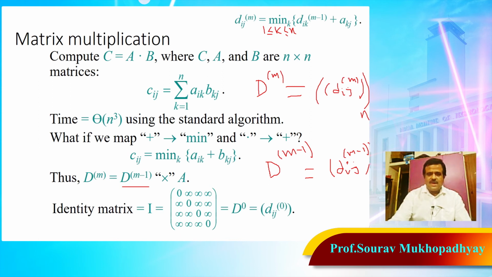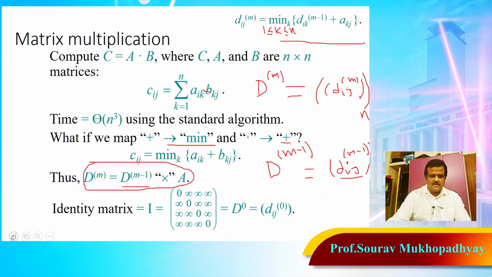So, if we follow that, this is nothing but the matrix D^(m-1) times A, because we are connecting this operation with minimum and plus. So, this will basically be the matrix operation like this.